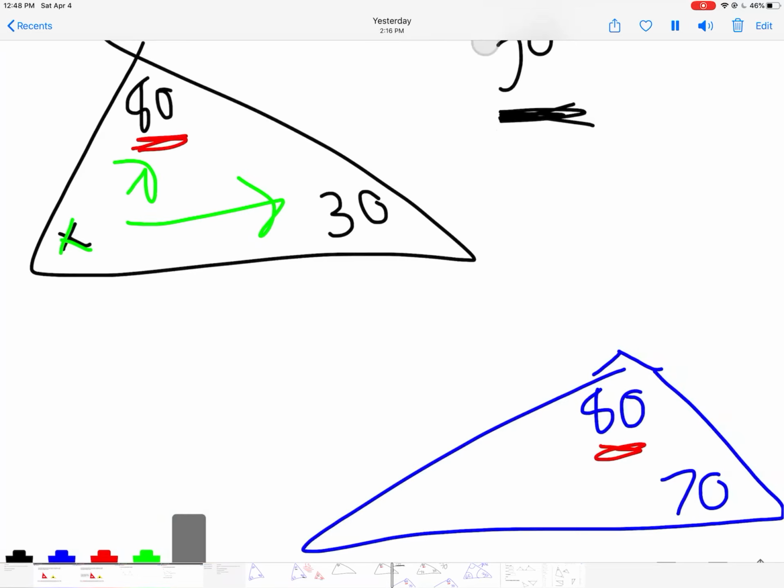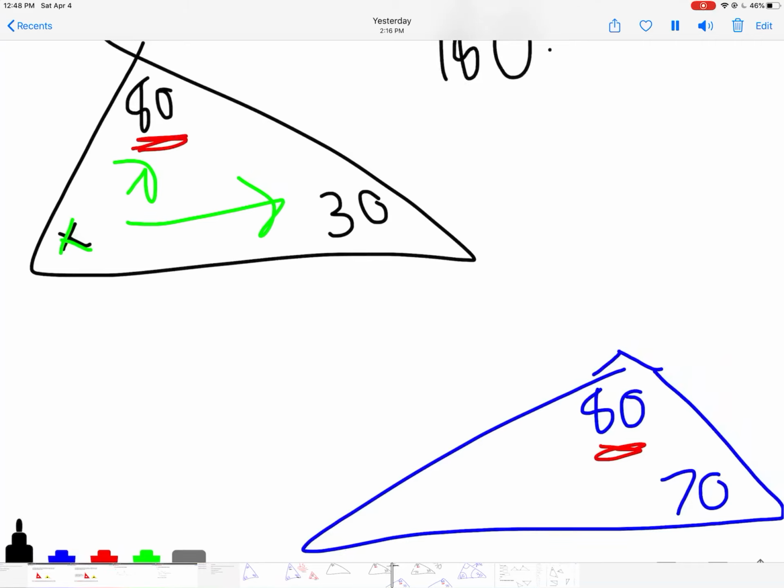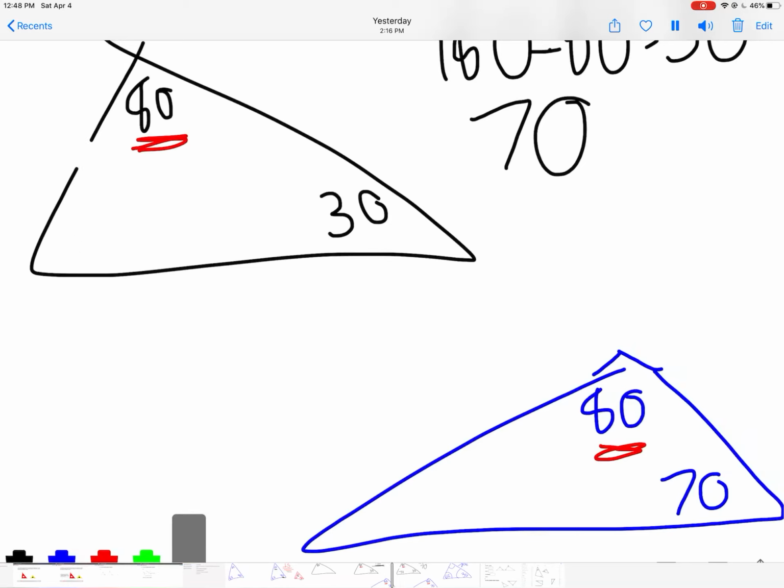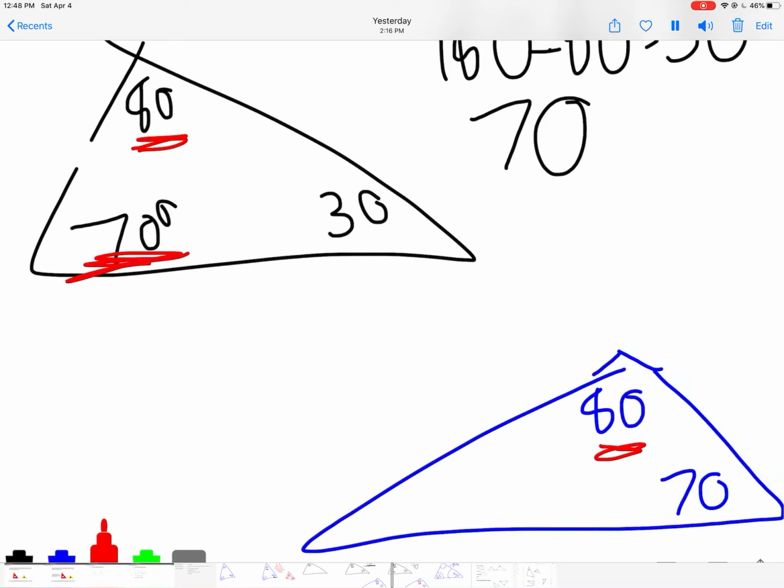So what I could do is 180 minus 80 minus 30, and that would give me 70. So this angle is no longer missing, and I know that it is 70 degrees. And what you'll see is now this left one has an angle of 70 degrees, the right one also has an angle of 70 degrees. So it has two angles that are the same, and therefore it is a similar triangle.